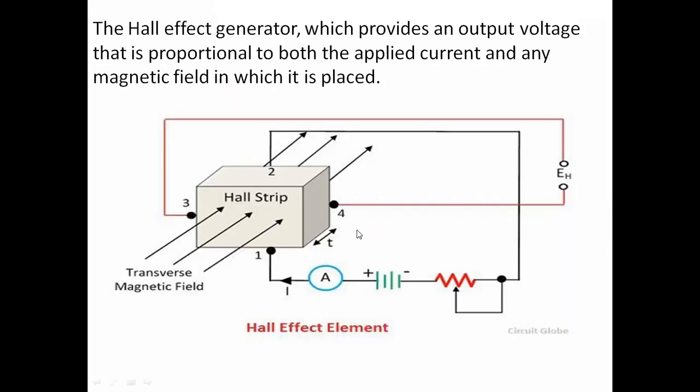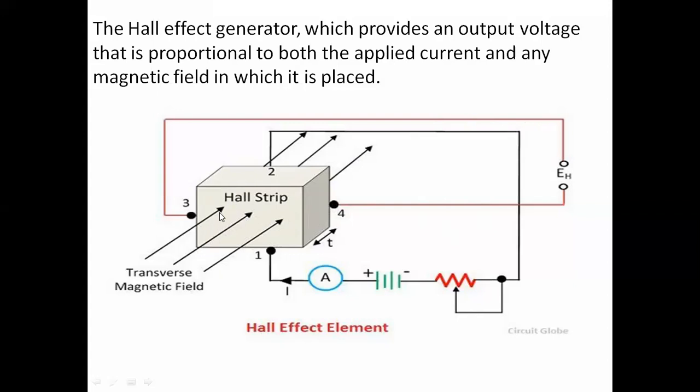So suppose the magnetic field applied to this Hall strip is changed by some variation of displacement. By that we can change the output voltage. That output voltage corresponds to how much displacement is applied to this strip, or how much flux variation is caused.